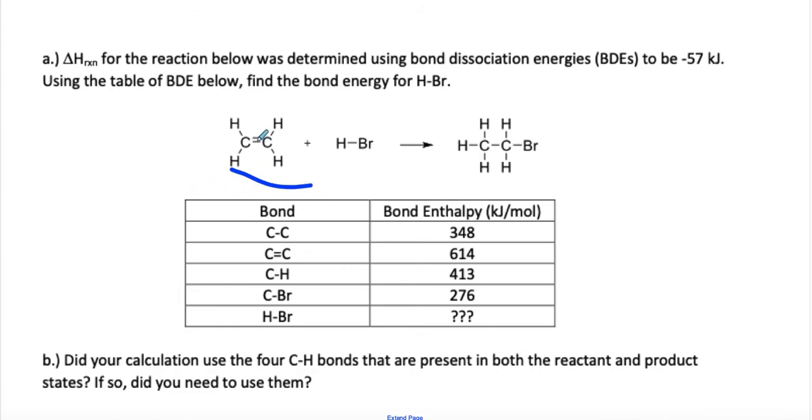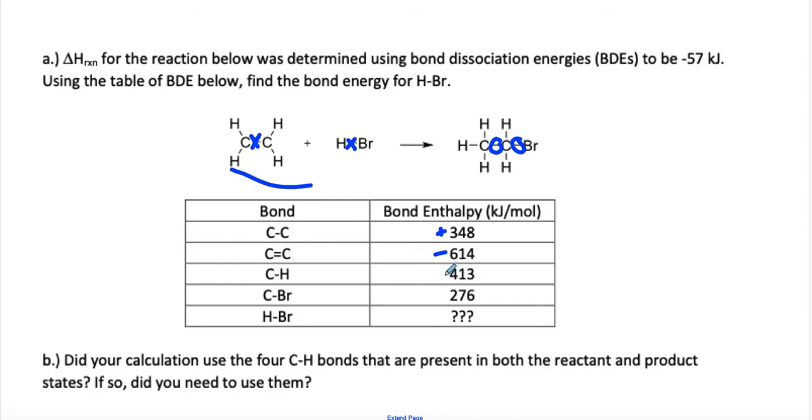So if I look at this, I realize that one of the double bonds is going to have to break, and a single bond is going to have to form between those things. So I have C=C at 614, and I'm going to add 348 because I'm forming the bond. So I'm breaking bonds, which takes energy, and forming bonds, which releases energy. Looks like I have to break this HBr right here as well, and I'm going to form a CBr.